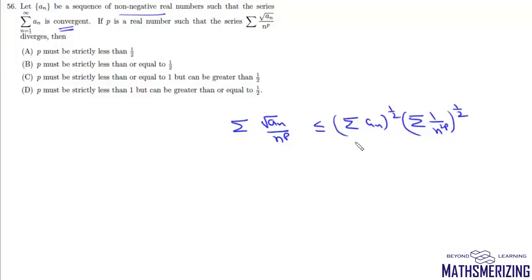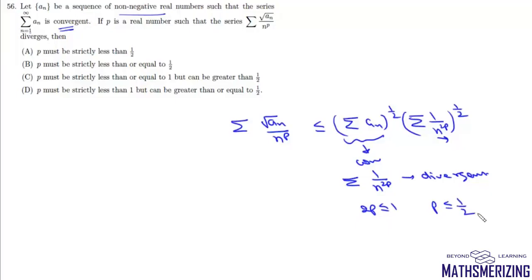Now it is given that this series diverges and summation a_n is a convergent series. So that means this series, summation 1 upon n to the power 2p, must be a divergent series. Now we know that this series diverges when the value of 2p is less than or equal to 1. That is, the value of p should be less than or equal to 1 by 2. And that's your option number B.